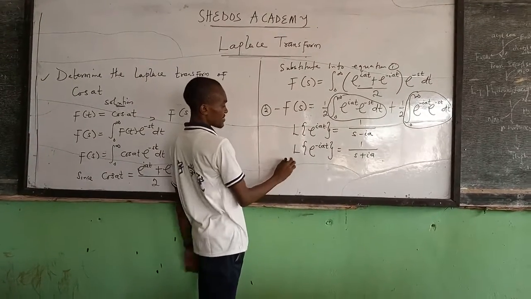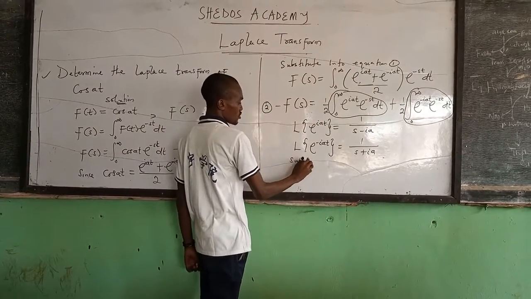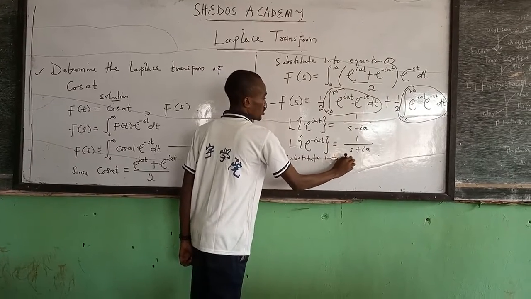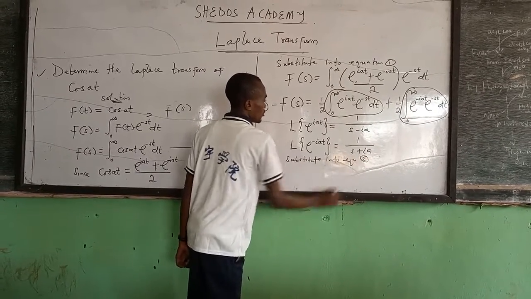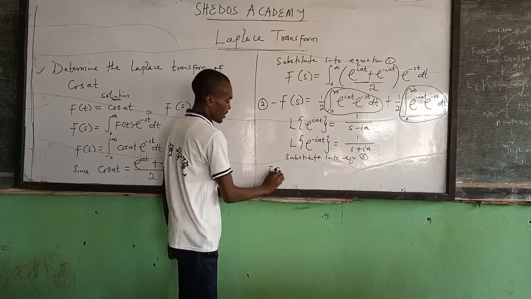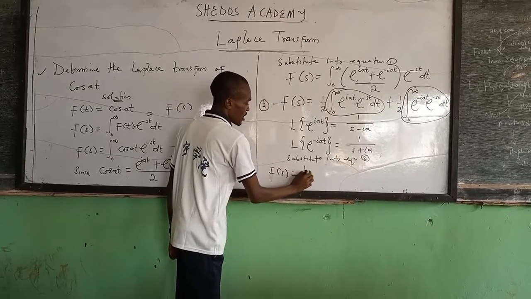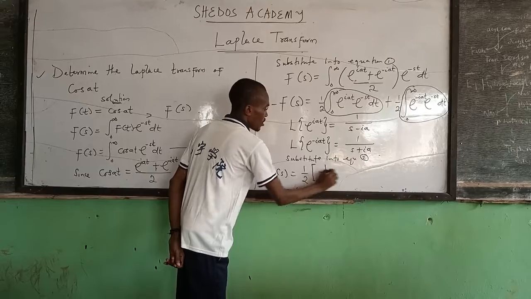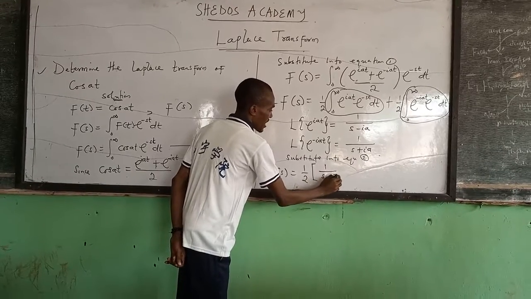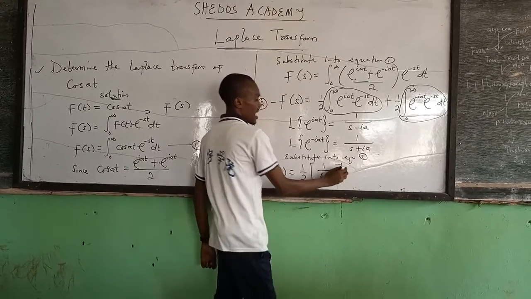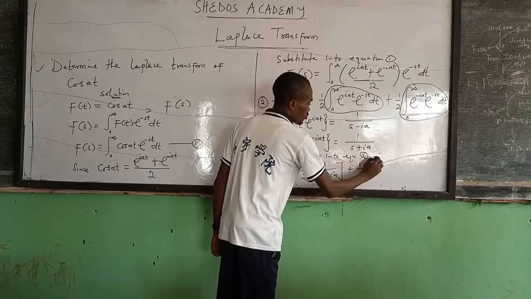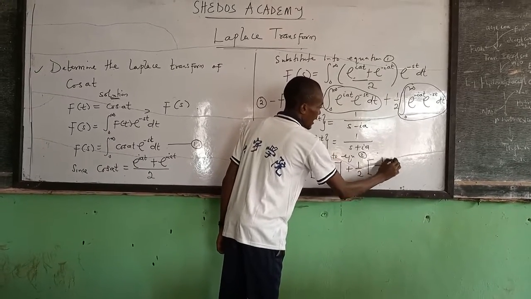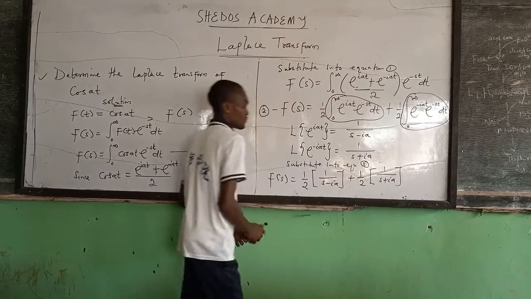So when I do that, I'll say substitute into equation 2. So I have my F(s) is 1 over 2, bracket 1 over s minus ia, then I have plus 1 over 2, bracket 1 over s plus ia.